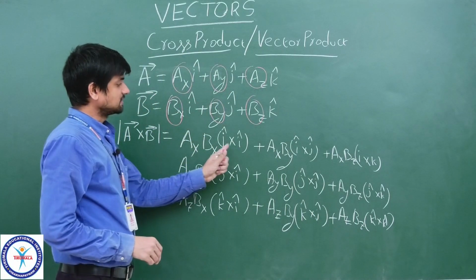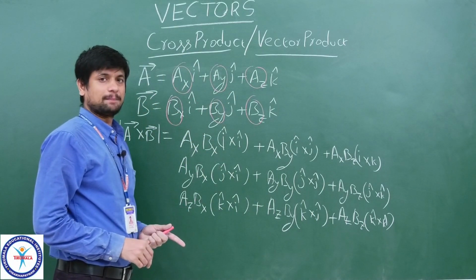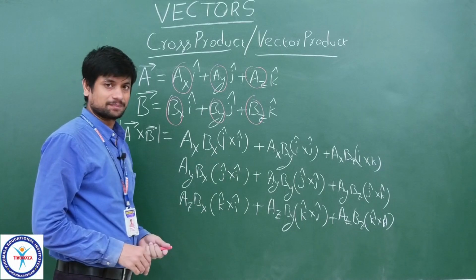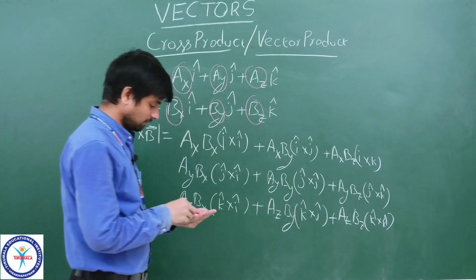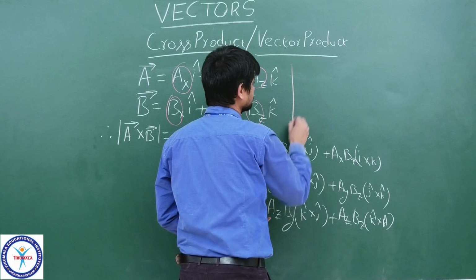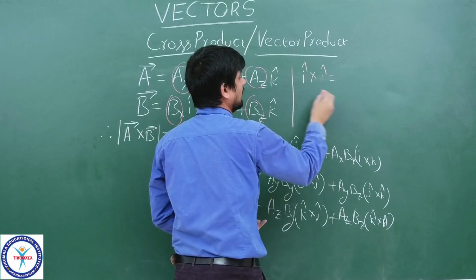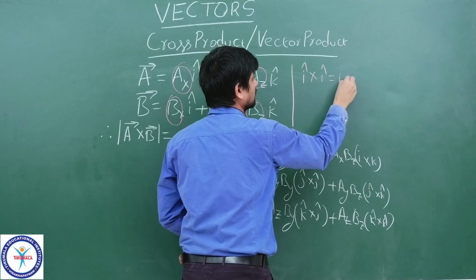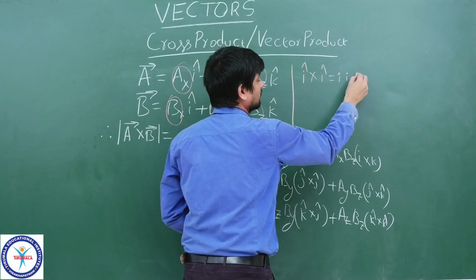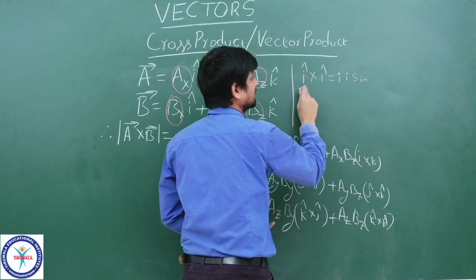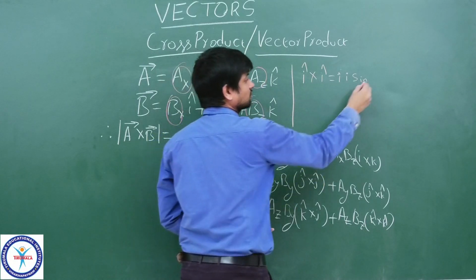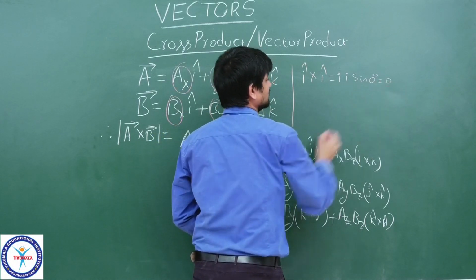Now same vectors are being multiplied crossly. Same vectors. Before, I have written here i cap cross i cap, i j sin, what is the angle between the same vectors? 0, sin 0, what do you get, children? 0.